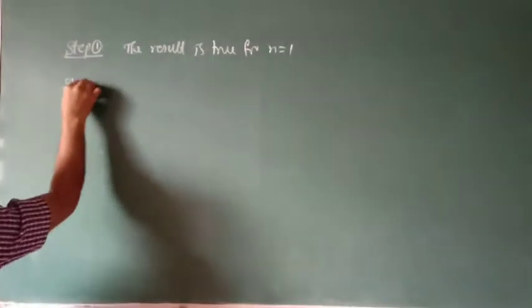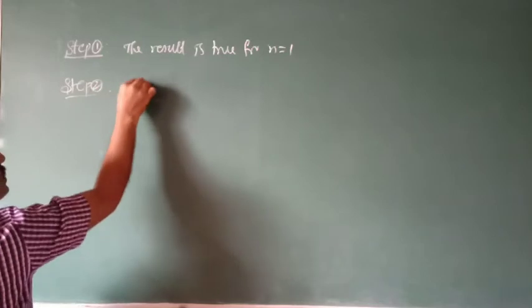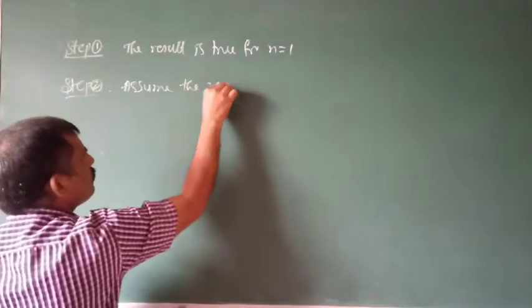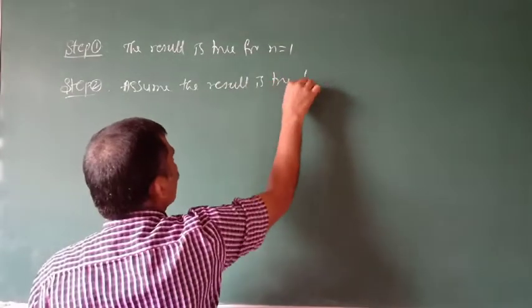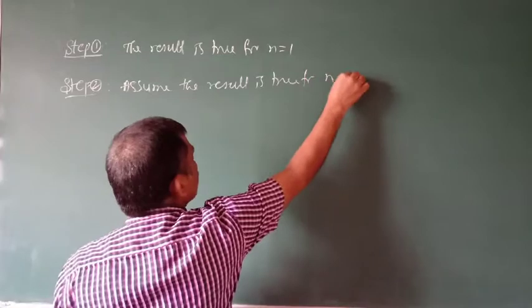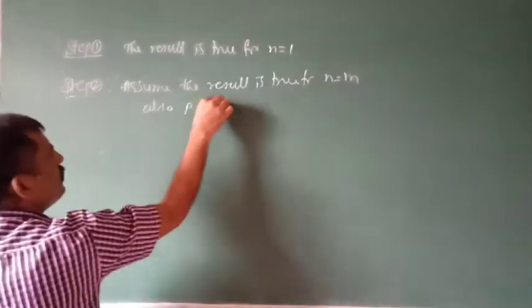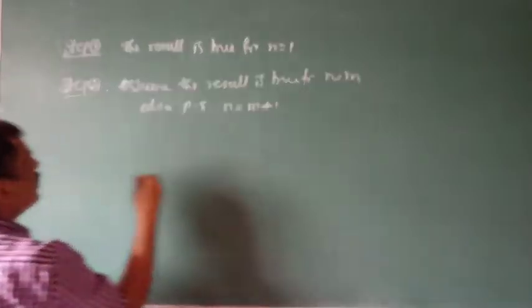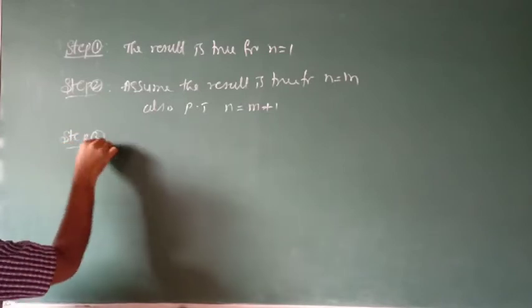Step 2: the result is true for n is equal to m. Also prove that it is true for n is equal to m plus 1. Step 3 is the conclusion.